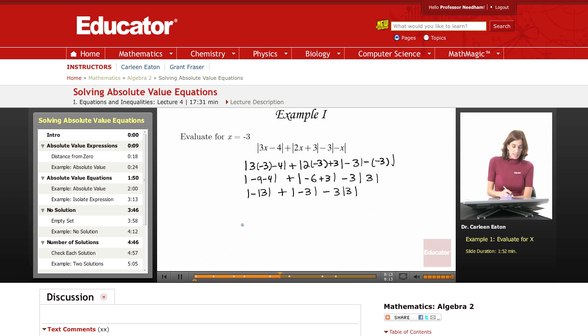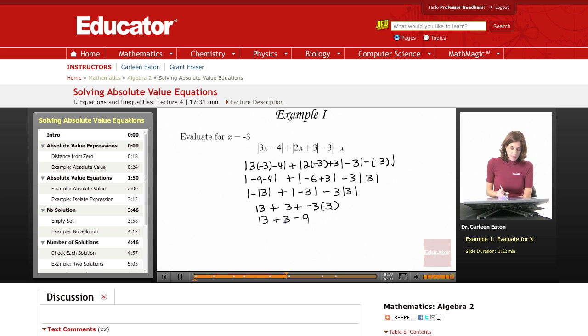Now I just need to find the absolute value for each of these. The absolute value of negative 13 is 13. The absolute value of negative 3 is 3. The absolute value of 3 is 3, but this time we're multiplying it times negative 3, so it's negative 3 times 3, which is negative 9.